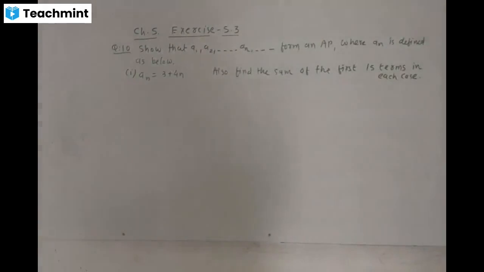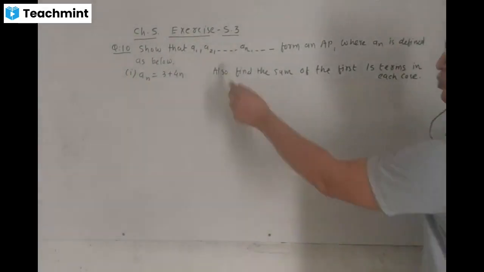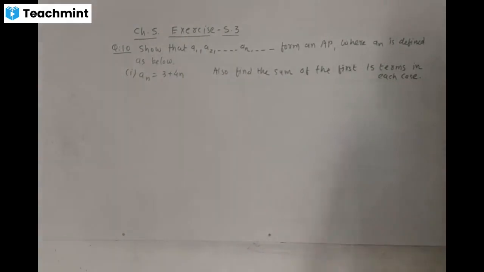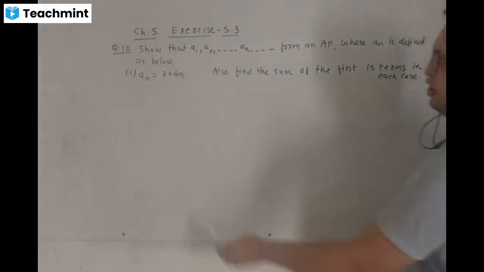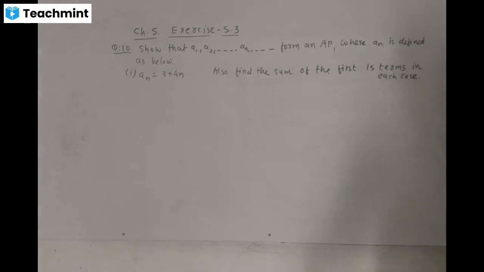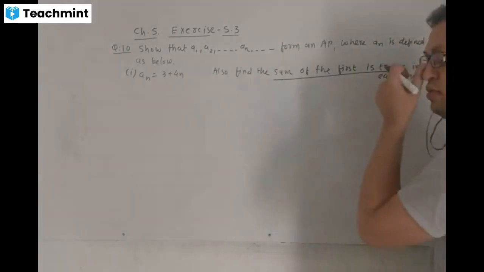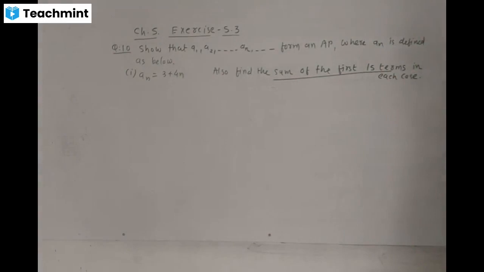Question number 10. A1, A2, A3 up to An form an AP where An is defined as An is equal to 3 plus 4n, and find the sum of the first 15 terms, that means S15. Here An is given.